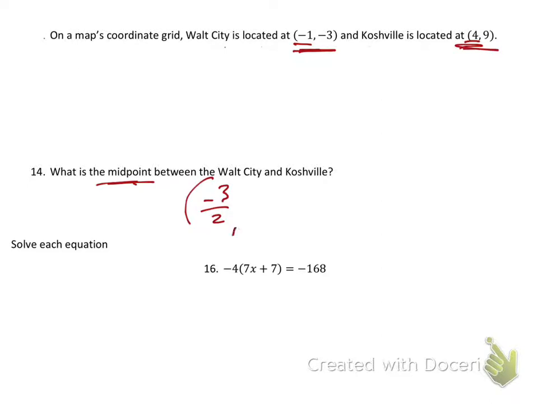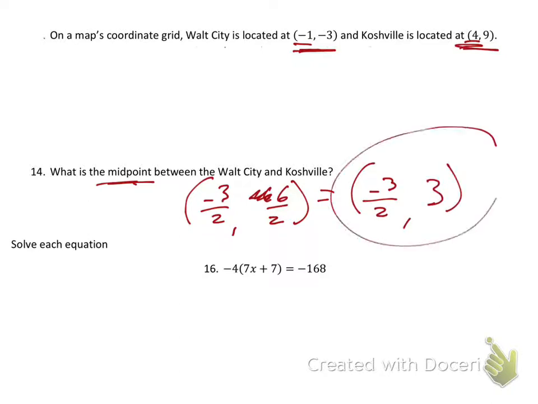And then -3 plus 9, which would be 6 over 2. I can reduce that, so that's going to be 3 over 2, and then 3. And there's your answer.